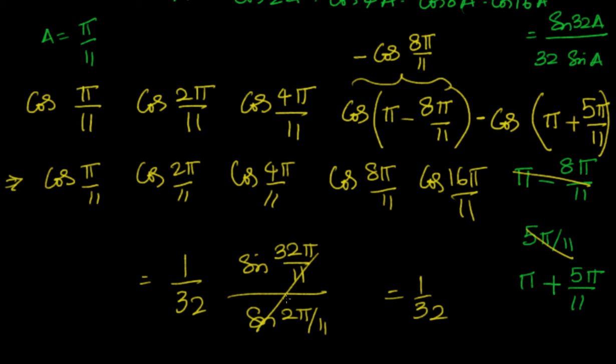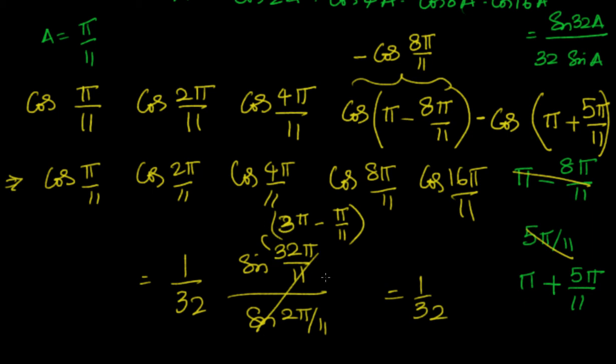How are 32 pi by 11 and pi by 11 equal? Because I can write 32 pi by 11 as 3 pi minus pi by 11. 11 threes are 33, 33 minus 1, 32 pi by 11. 3 pi minus pi by 11, which quadrant is it in? It's in the second quadrant.